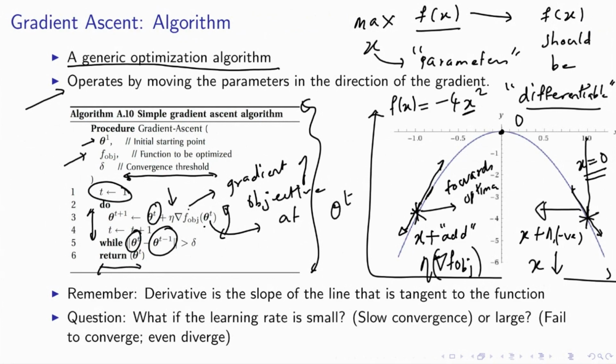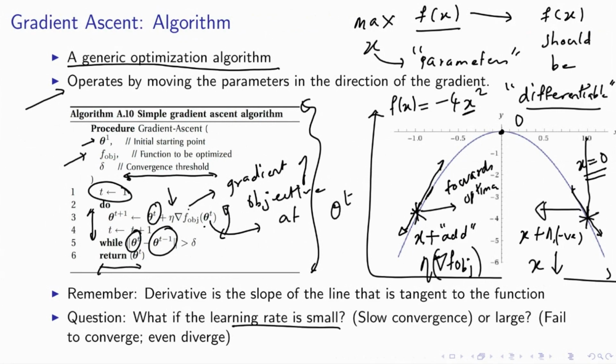You are at a certain point, you compute the gradient of the objective function at that point, and move in the direction of the gradient. Eta is called the learning rate, and it dictates how fast or how slow the algorithm converges.